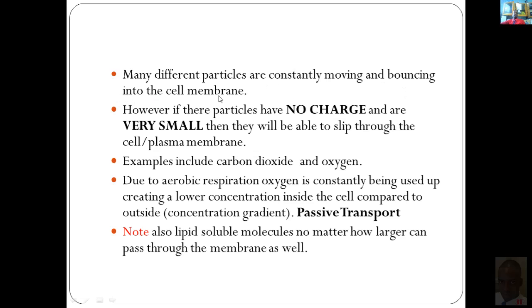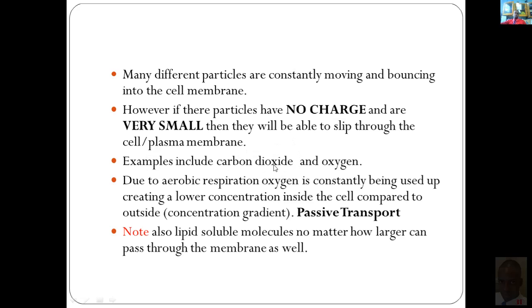So many different particles are constantly moving and bouncing around on the membrane. This is important. When we have the phospholipid membrane, particles bounce against the membrane. This is a random thing. Good. So that's why when we talk about diffusion going faster, we mean we increase the temperature, which means we increase the speed at which these particles move, right?